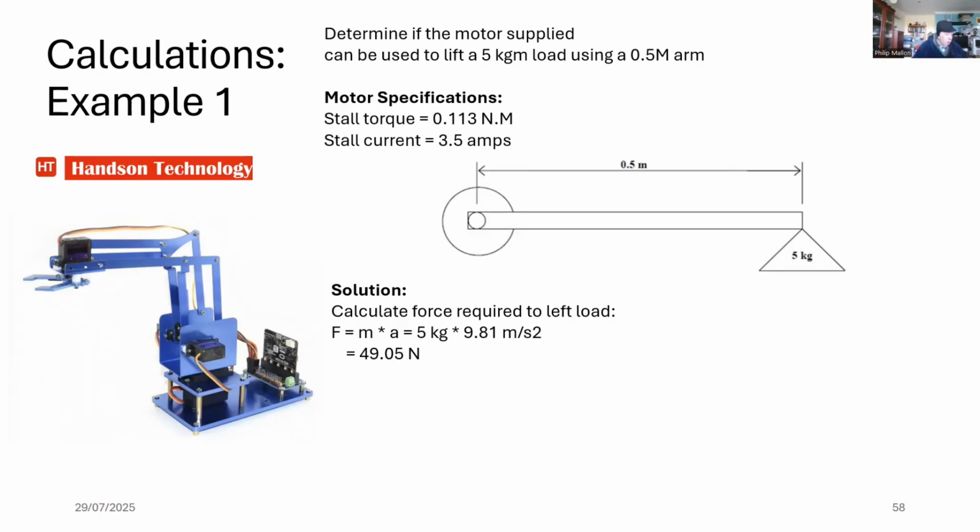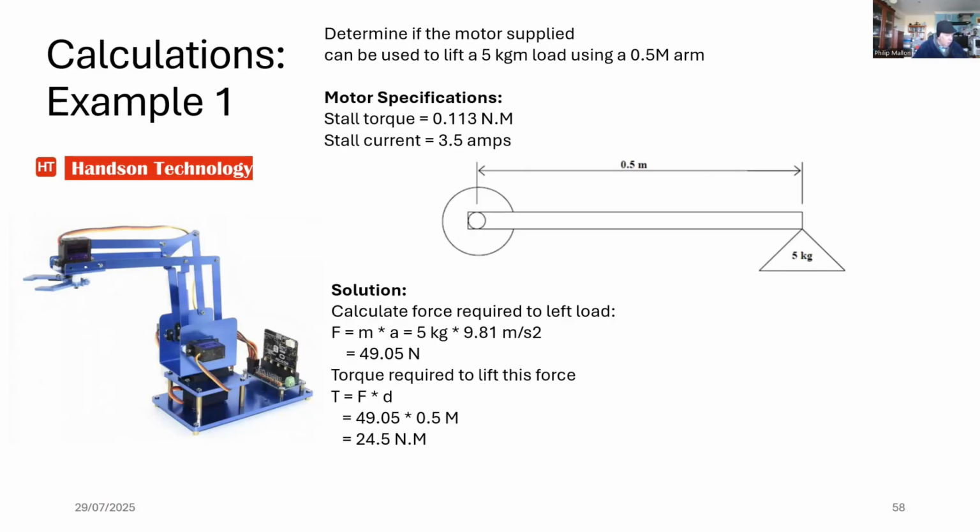So the solution: we calculate the force required to lift that load. Force equals MA, so 5 multiplied by the gravitational acceleration, 9.81 meters a second squared, is 49.05 newtons.